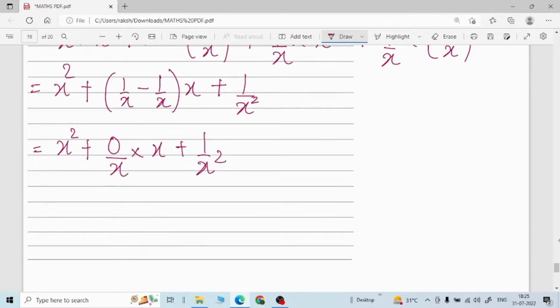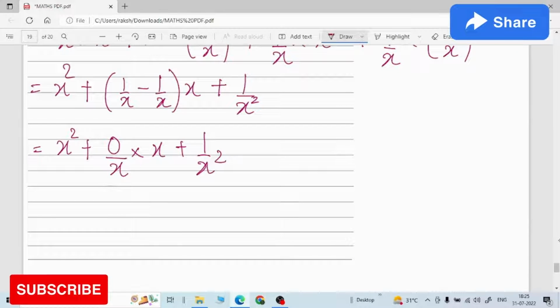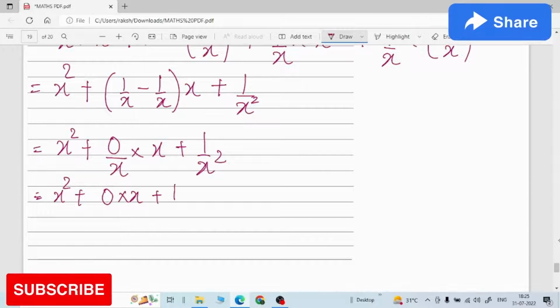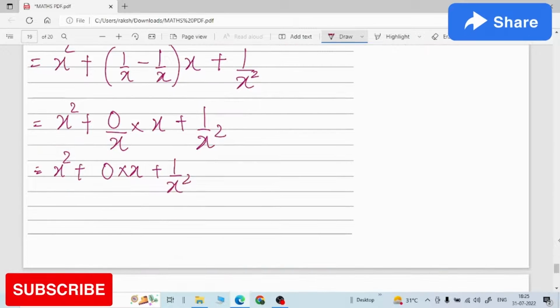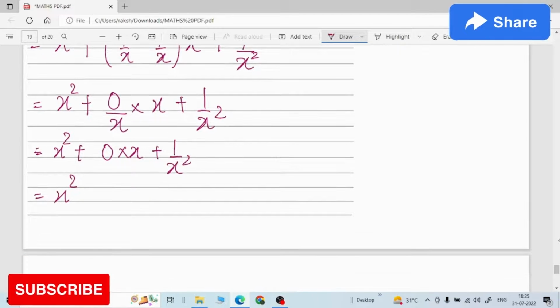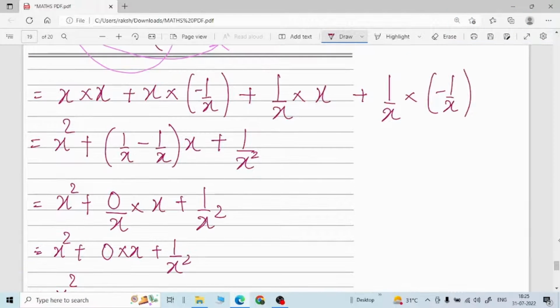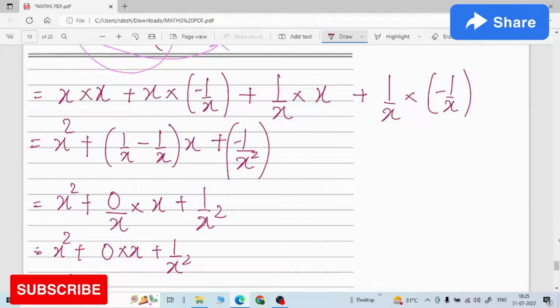So 0 upon x is 0 into 0 plus 1 upon x square. The answer you are getting is x square. Yes, x square. I think, okay, sorry, we should write a minus sign.